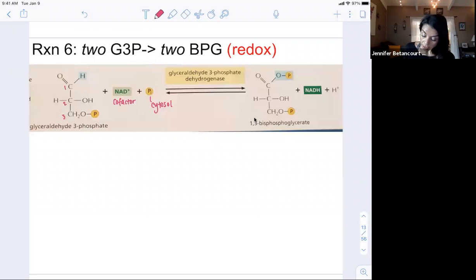So in this case, the enzyme, I'm just going to abbreviate it, but you should actually write the enzyme name.